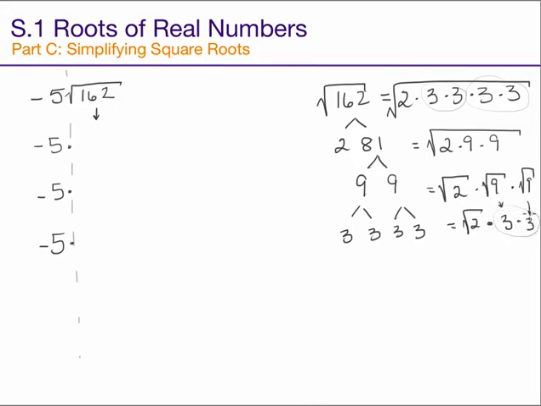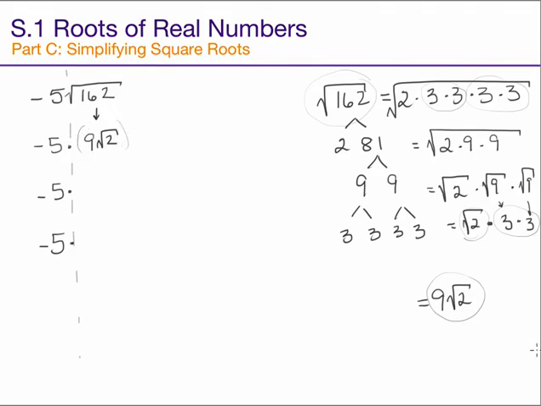This 3 times 3 here is 9, and the square root of 2 doesn't simplify. The square root of 162 can be written as 9 root 2. So I'm going to replace root 162 with 9 root 2.